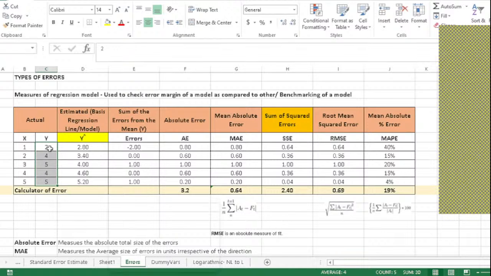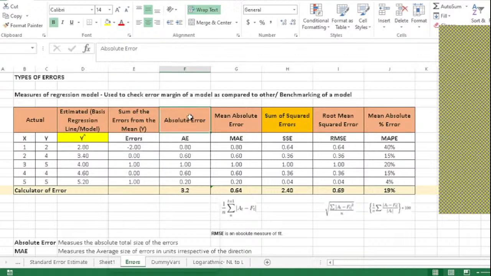If I calculate the average, it is coming to be 4. Now from 4, I calculate the error of each y. It comes to be 2 here, 0, 1, 0 and 5. Clear? This is a very simplistic way of calculating error.